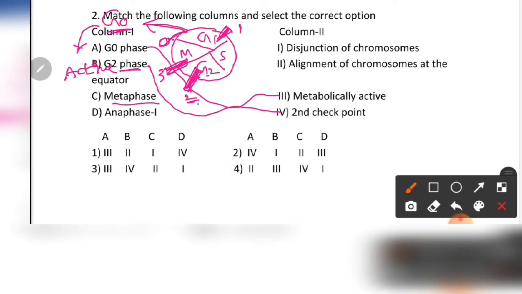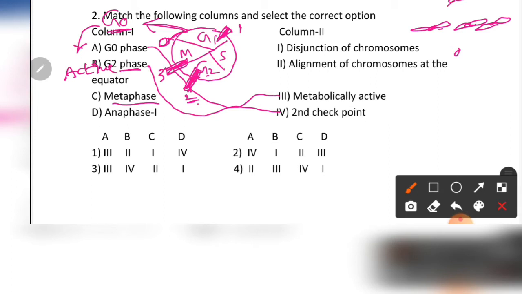And in metaphase, all the chromosomes align on the equatorial plate. For example, these are the chromosomes, and all the chromosomes are aligned at the equatorial plate. They are connected by, yes, this is the centriole.